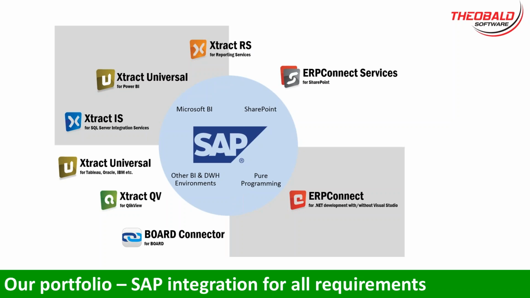Perfect. Okay. So I will just give you a short overview about our product portfolio. So what I said in the beginning, our company exists since 2004, and what you see on the bottom right corner is Erp Connect. That's what we all started with.